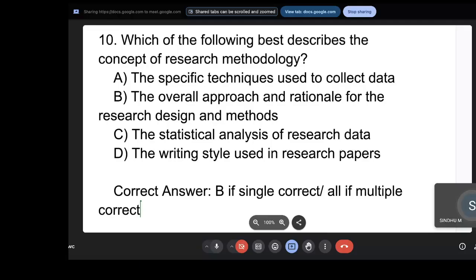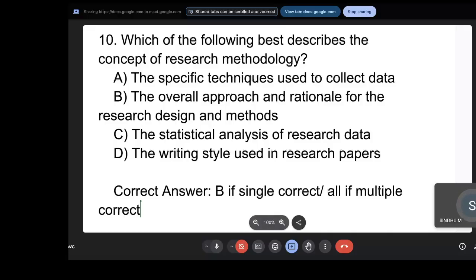So option B is the most appropriate one: the overall approach and rationale for the research design and methods. That is the broad idea of research methodology, and the other options A, C, D are all subparts of research methodology.